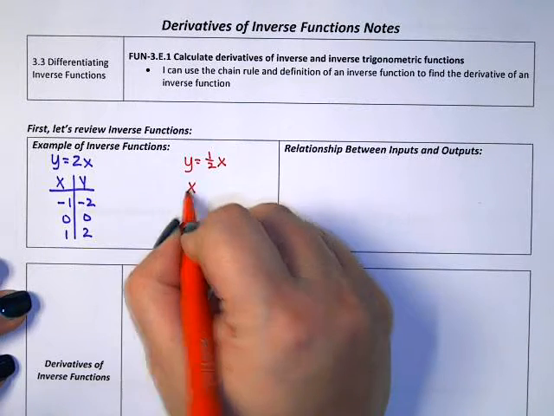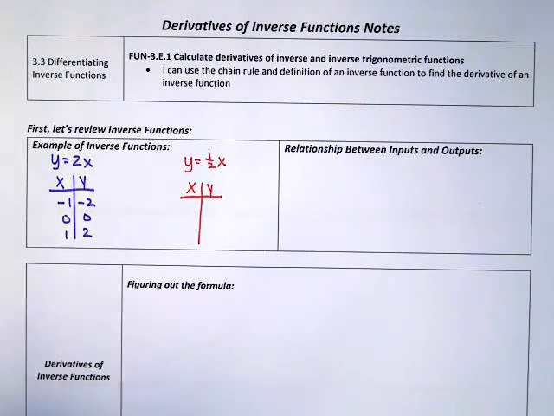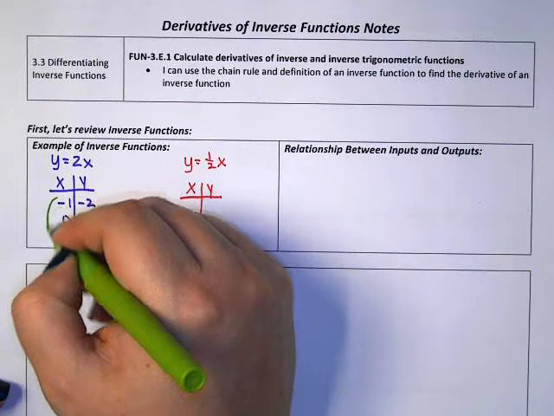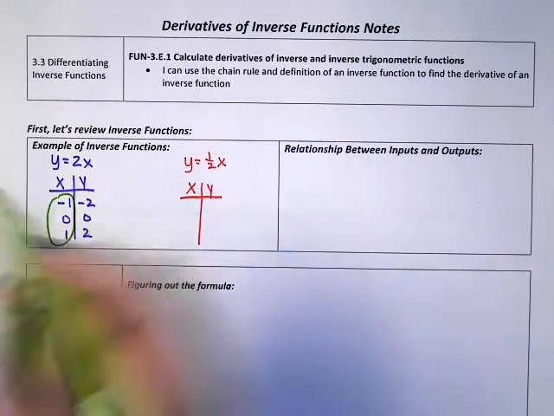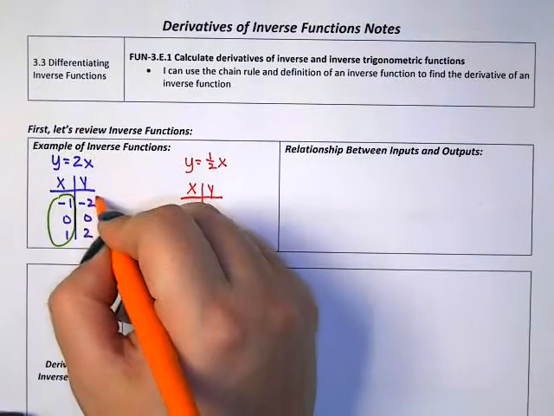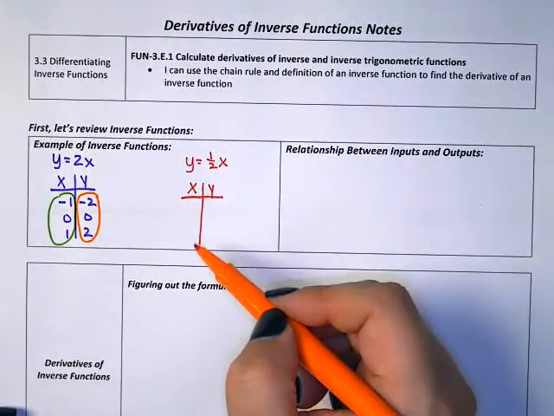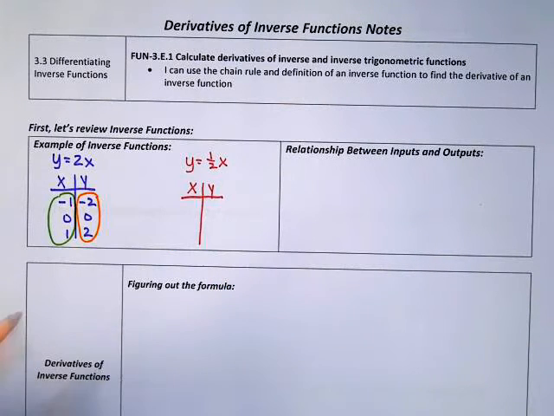If we look at a table of values here, then if I take the inputs of my original and the outputs of my original, they're going to still appear in this table, but they're going to be opposite.